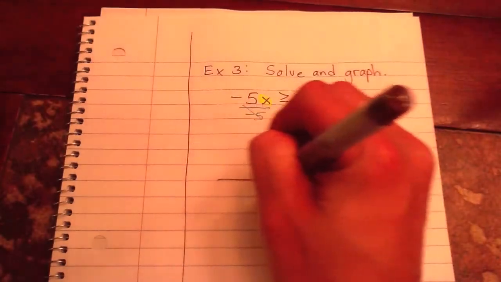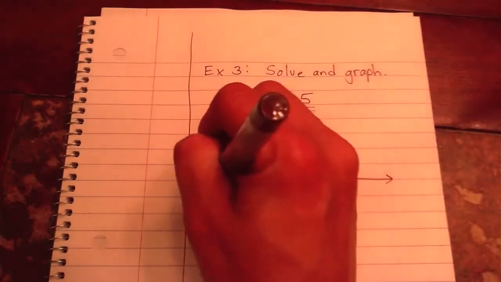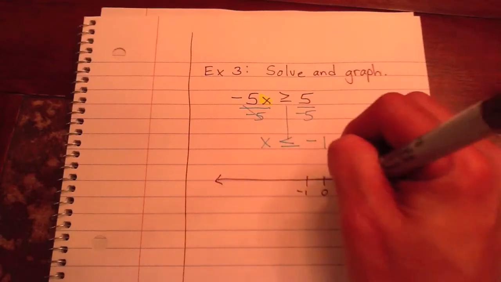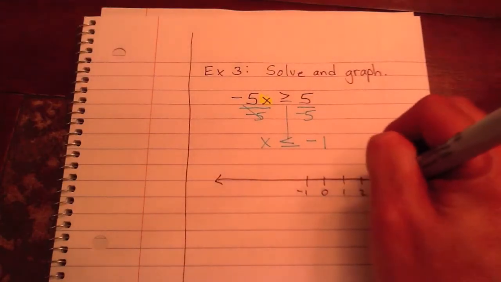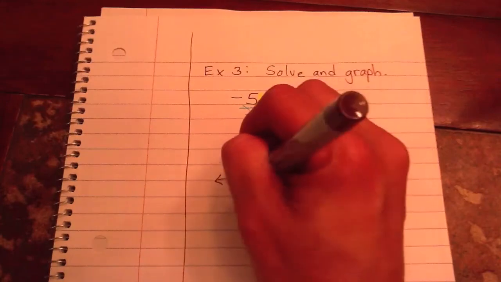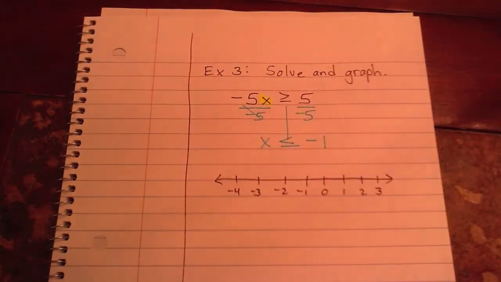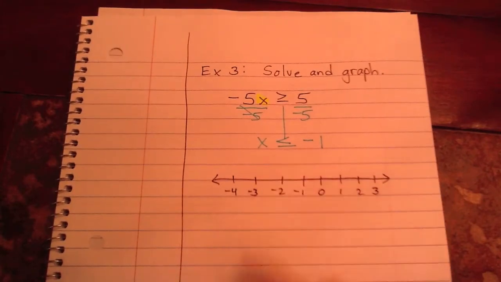Go ahead and draw your number line. And ask yourself the questions you should be learning to ask yourself. So, open or closed dot on negative 1?